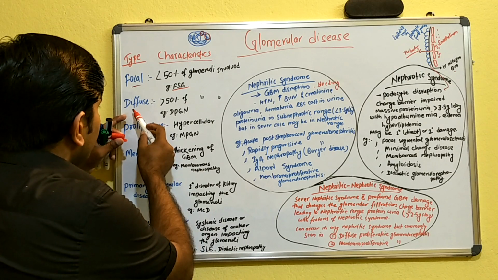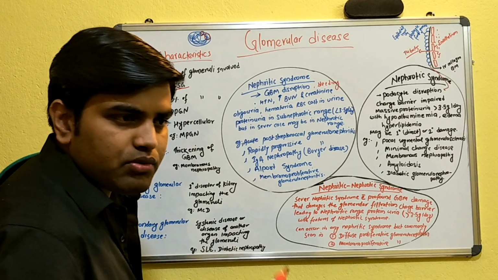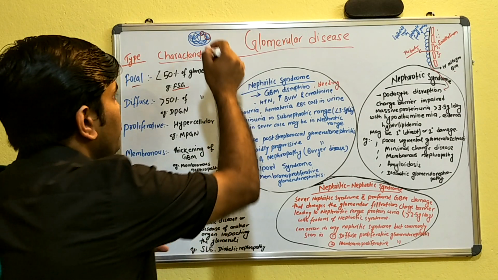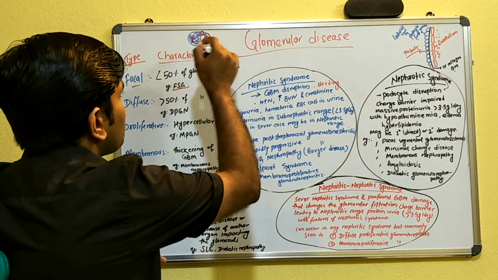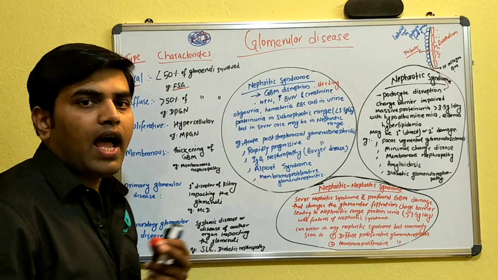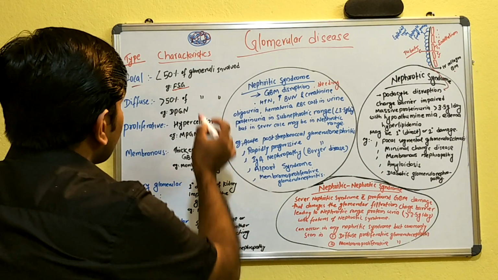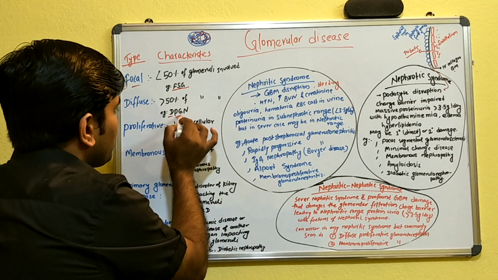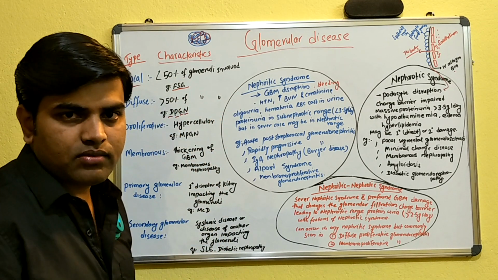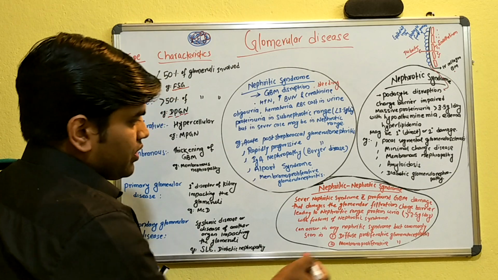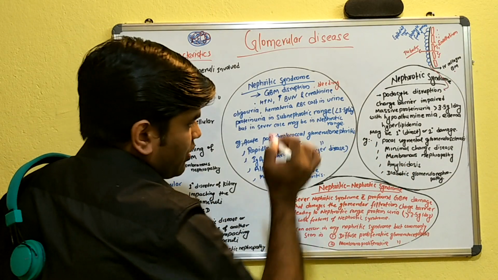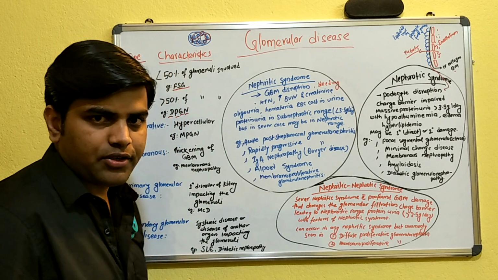Now there is another term known as diffuse. Since focal means less than 50%, diffuse means it is widespread, so diffuse will be more than 50%. Okay, that means more than 50% of the glomeruli are involved, and the example is diffuse proliferative glomerulonephritis. Okay, and diffuse proliferative glomerulonephritis is responsible for nephritic syndrome and, in severe cases, may even be responsible for nephrotic syndrome.